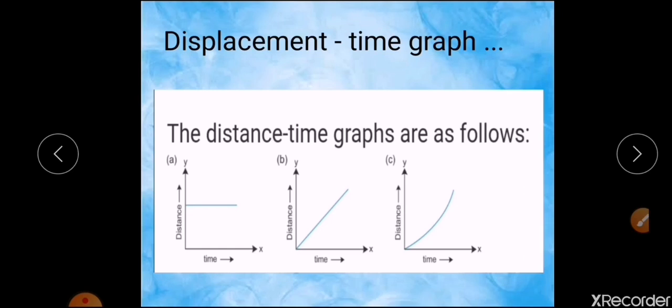Now you have some common conclusions. The first point is that in a displacement time graph, whenever you take the slope of your graph, whether it is stationary, uniform, or non-uniform, it gives the velocity at that instant.